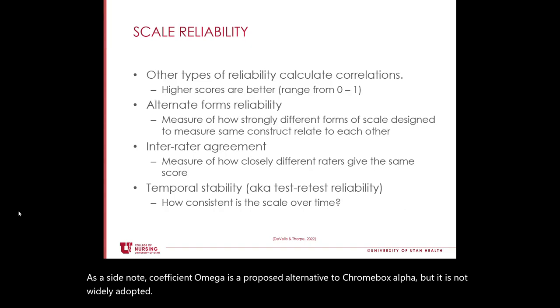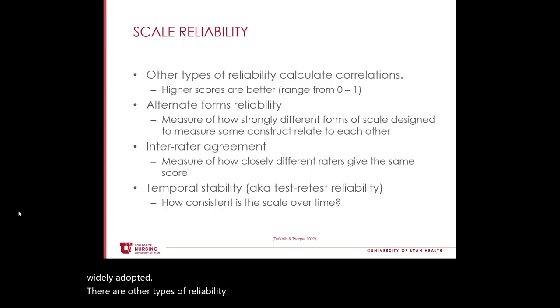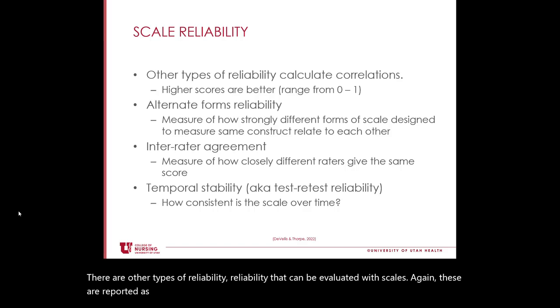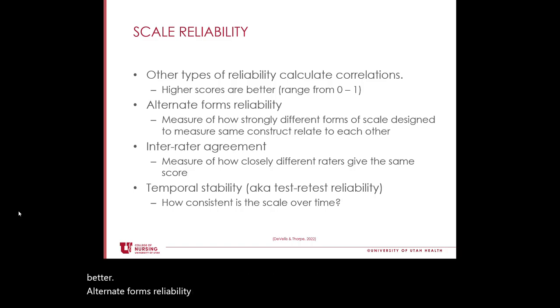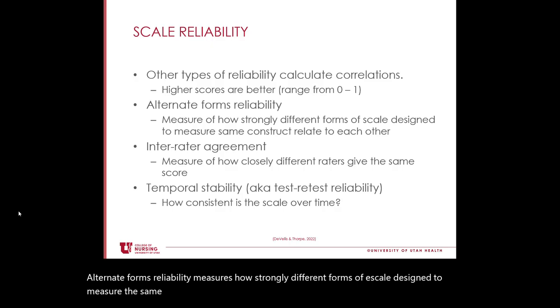There are other types of reliability that can be evaluated with scales. Again, these are reported as correlations, so scores range from 0 to 1, with higher scores being better. Alternate forms reliability measures how strongly different forms of a scale designed to measure the same construct relate to each other.